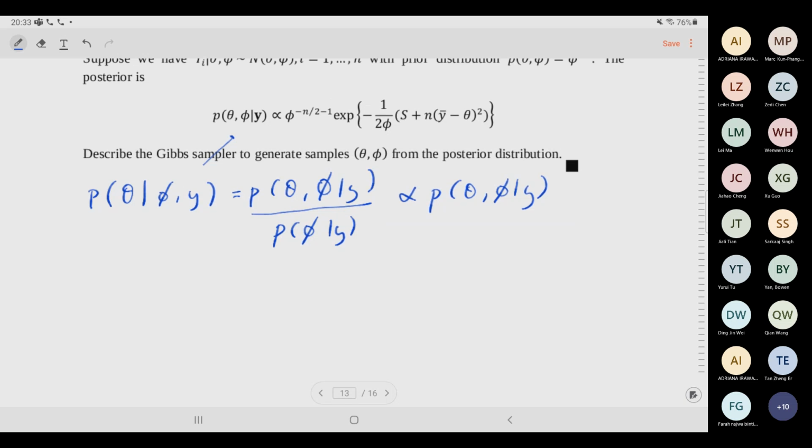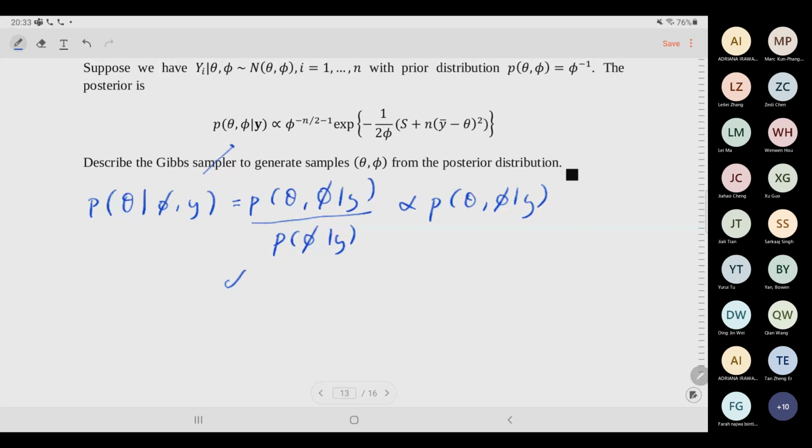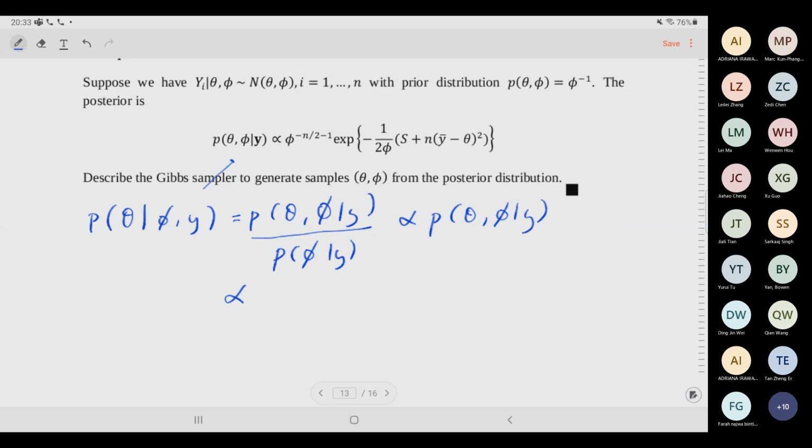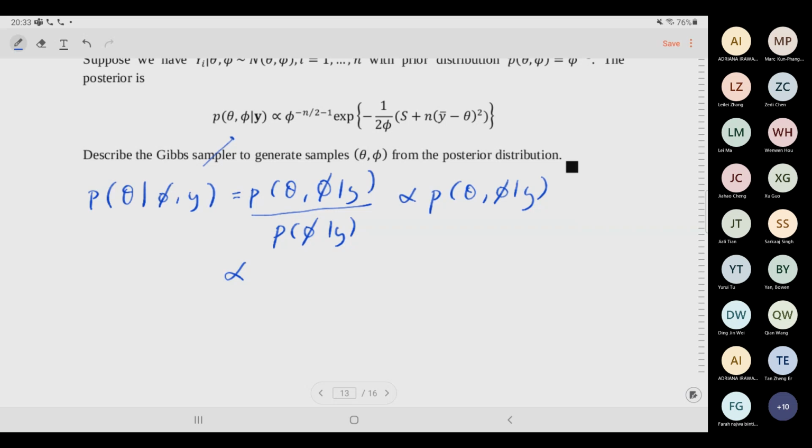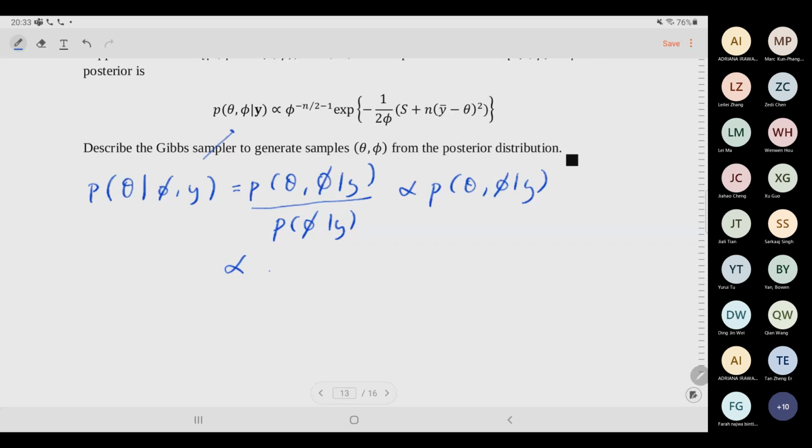Okay, and if you look at our joint posterior, again this is the Bayesian trick. You assume that theta is your parameter and phi and y are known or constant. So you're only left with theta. Phi here is constant, so you can get rid of it.